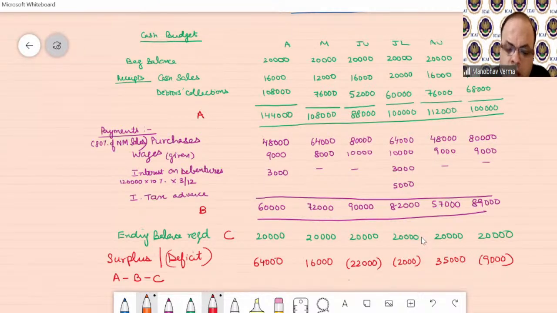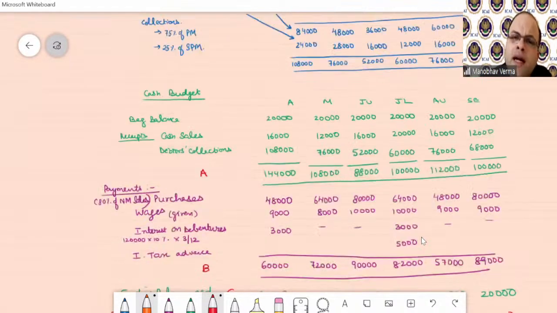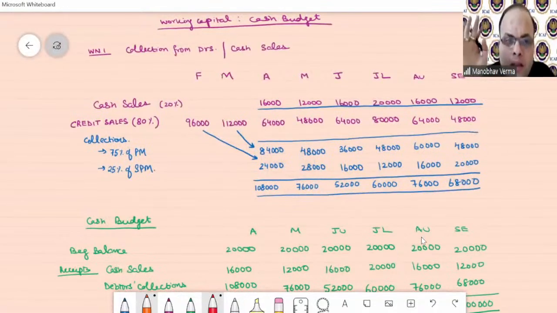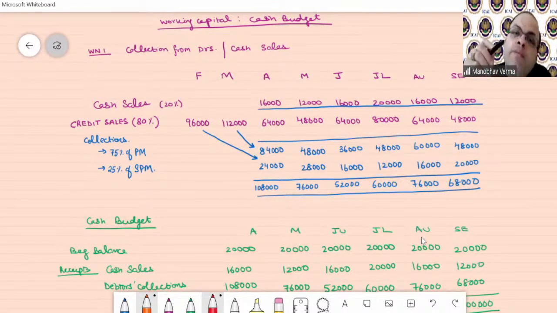Okay, Madhuli, the working note credit and cash sales, if you want to just quickly understand, if you see that cash sales were 20% for the sales for the respective month. Now, if you look at the arrows from the April month's collection, 80% is the credit sales. In the month of April, you are getting 75% of the collections from March and 25% from Feb.